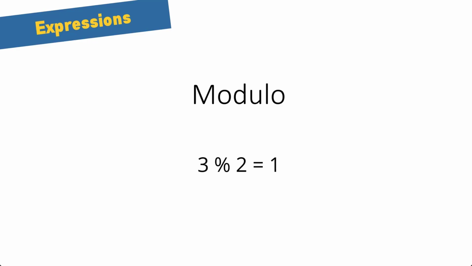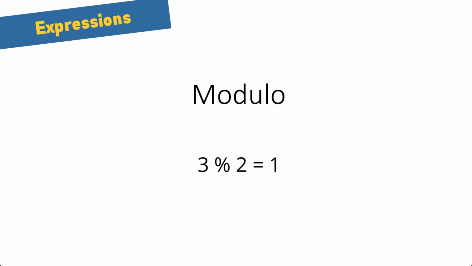That can be handy for things like testing whether a number is even or odd. For example, if I perform the operation 142 modulo 2, I get a result of 0, meaning that 2 divides cleanly into 142, which in turn means that 142 is even.